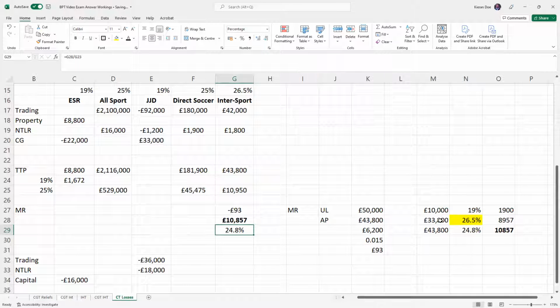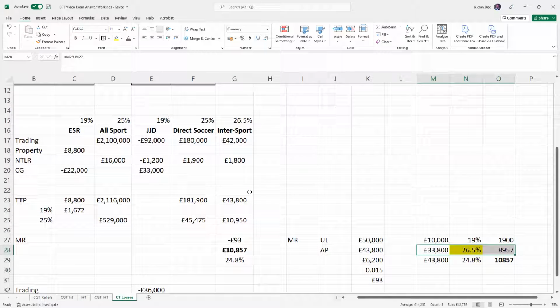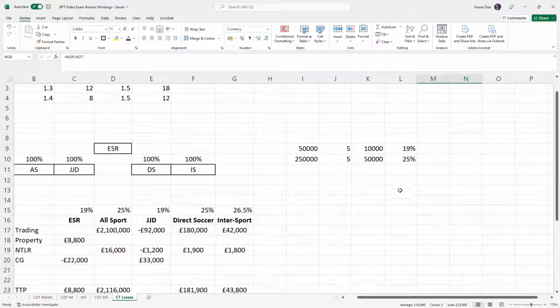But the way that works is that those profits in between are effectively being taxed at a higher rate. So therefore, when we're looking to use losses within the group, this is the highest effective tax rate, for those profits falling between the small profits rate, where it's purely taxed at 19%, and the upper limit, where it's purely taxed at 25%.